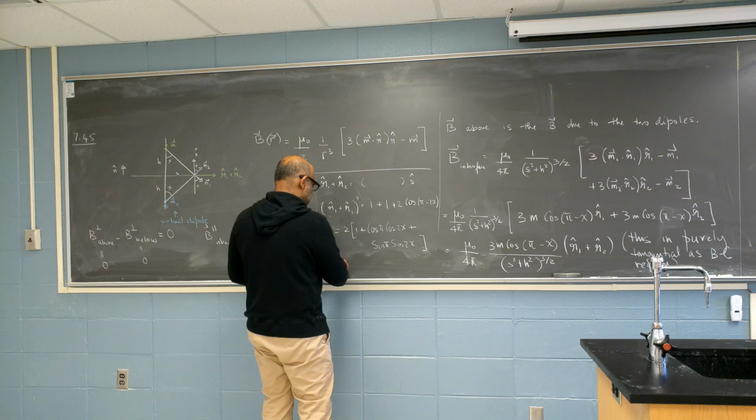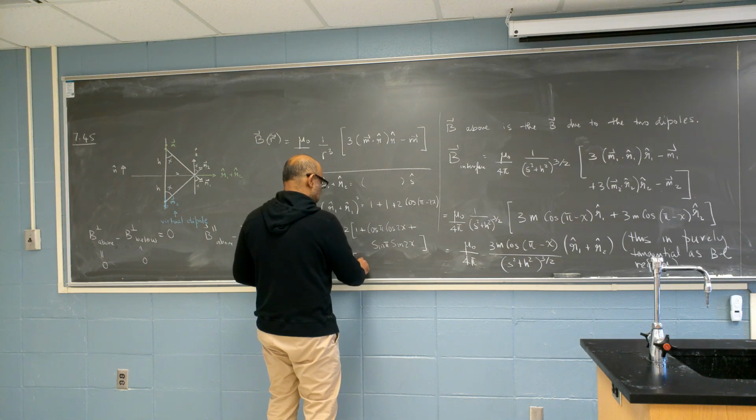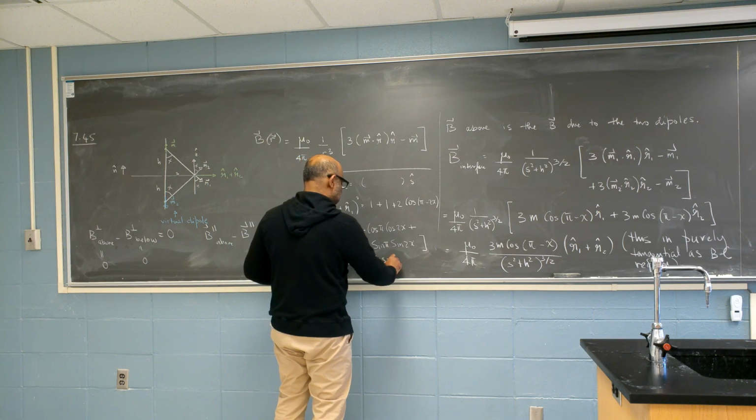Minus 1. Ew, this is not looking good at all. 1 minus cosine 2 chi.